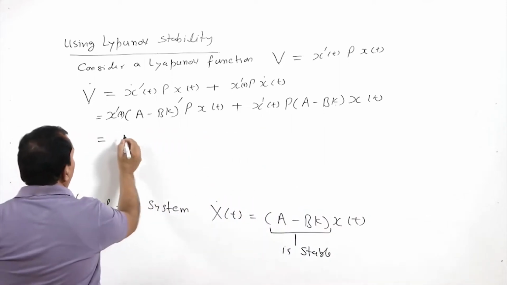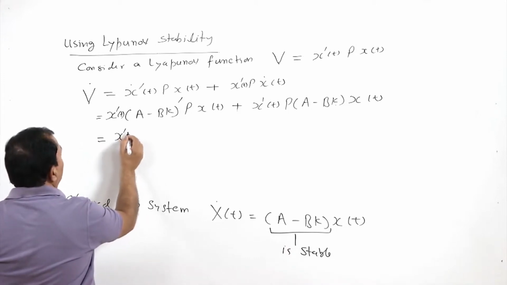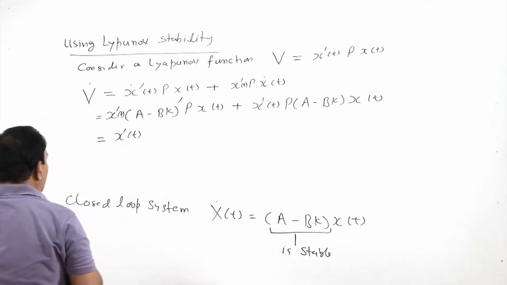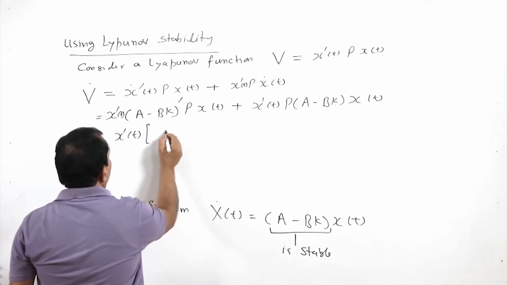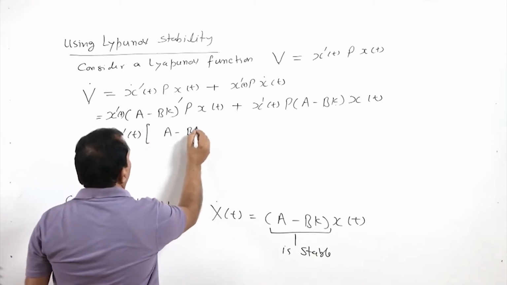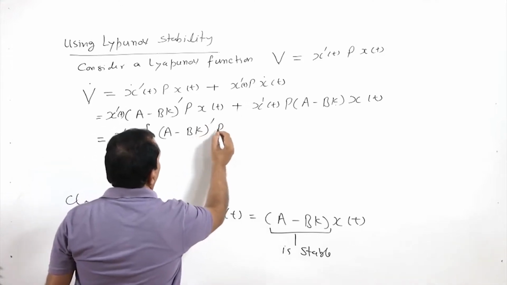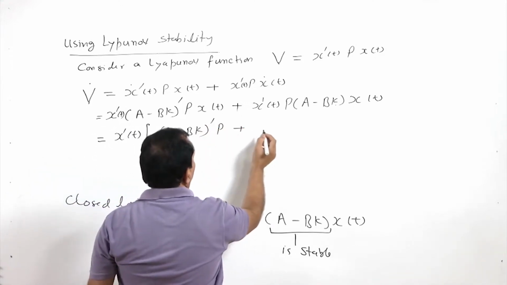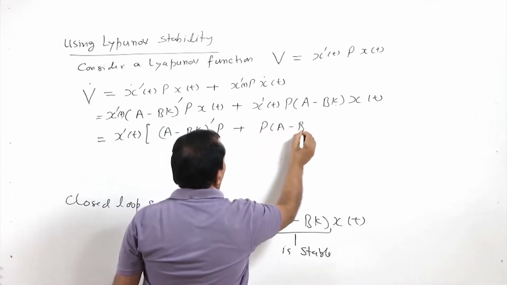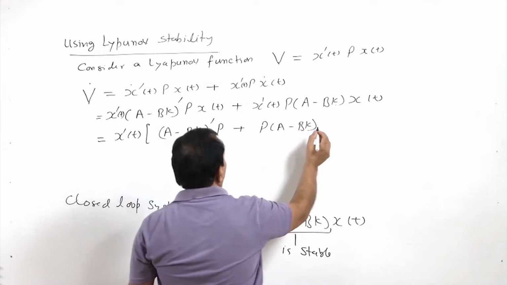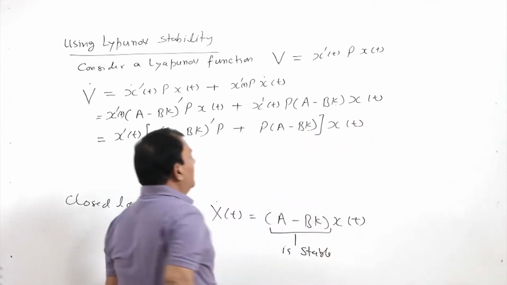So the overall expression I can write as x transpose of t, A minus BK transpose P plus P A minus BK, x t.